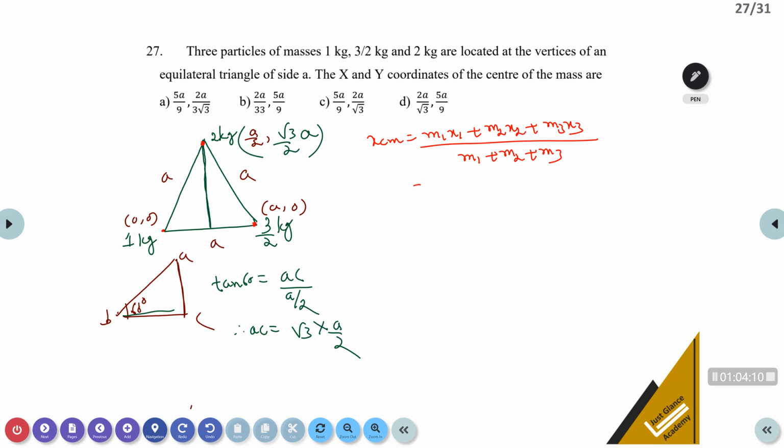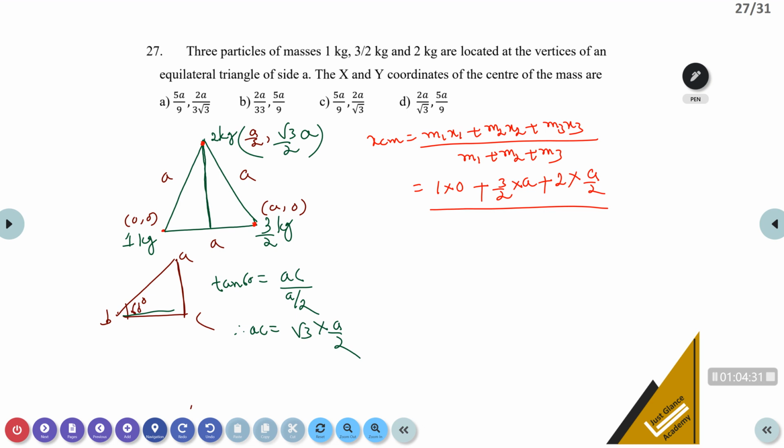Substitute this: 1 into 0 plus 3 by 2 into A plus 2 into A by 2, divided by all the masses. 1.5, 1.5, 1, 2.5.